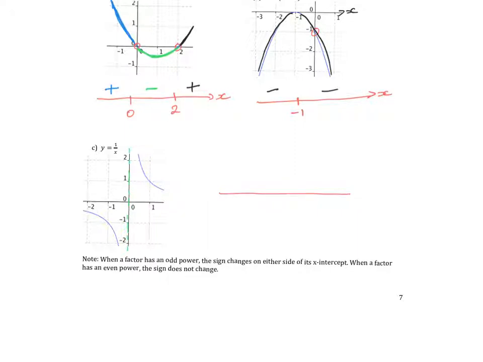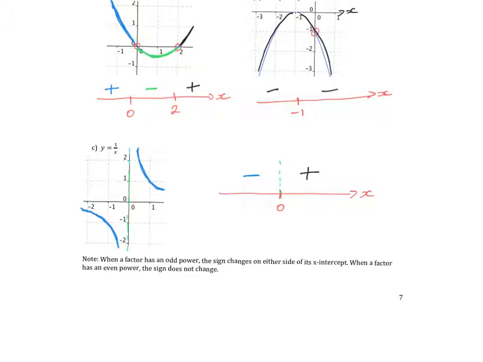So what I should do on my sign diagram is put a 0 there, and then I can do some dashed lines for an asymptote, just so I know that I'm not talking about an x-intercept, I'm talking about an asymptote. So now, on either side of this asymptote, where are we? Well, over here, we're above the x-axis, so I'll put a positive. Over here, we're below the x-axis, so I'll put a negative.